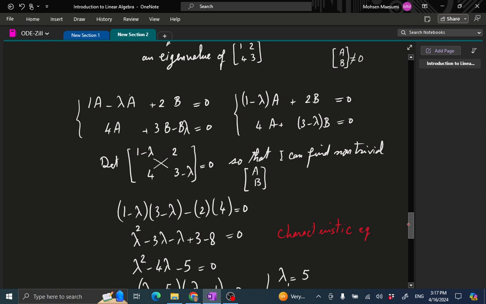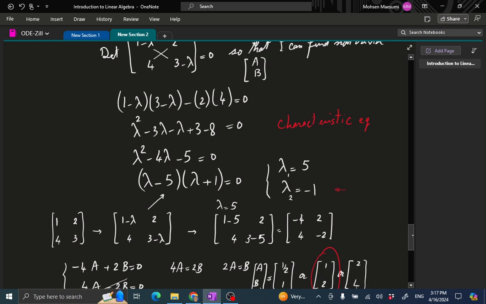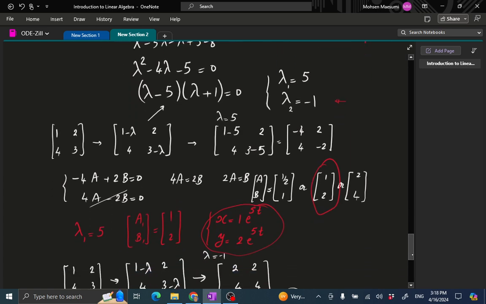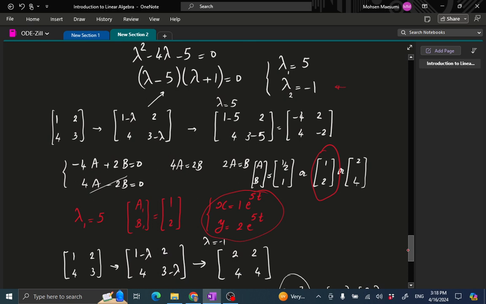Sometimes lambdas are called characteristic roots. We find them. In this case, they were friendly: whole numbers, real numbers, distinct numbers, and that is all very special. That makes our life a lot easier. Then we found our lambdas and put the lambdas in our system. We get our A and B, and A and B are going to give us one possible solution.